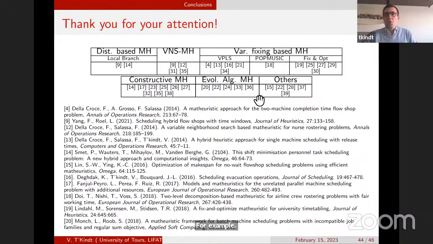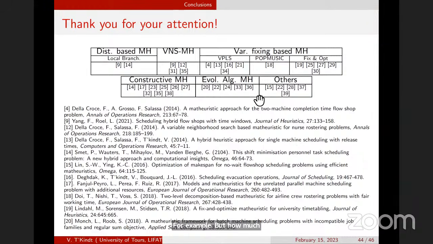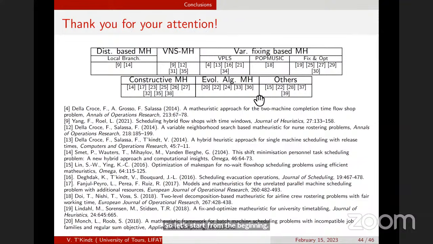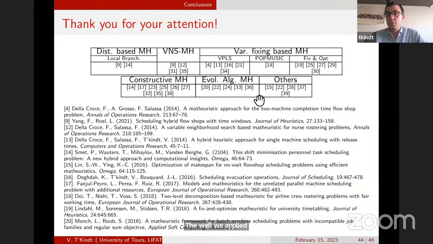Well, there is more than one question in your question. So let's start from the beginning. Well, we applied Matheuristics on industrial problems, okay? And it gives really good results. There are two problems. It's time consuming, which somehow can be managed, okay?